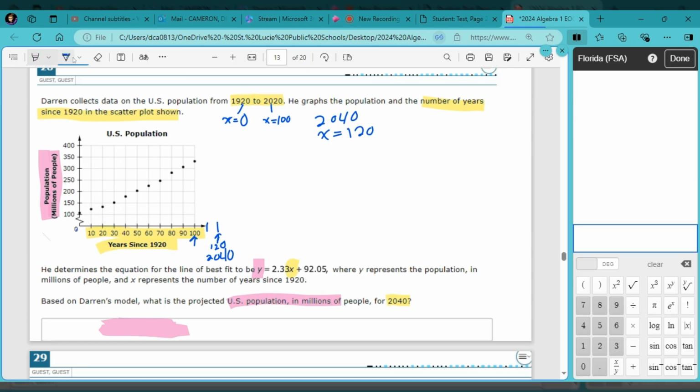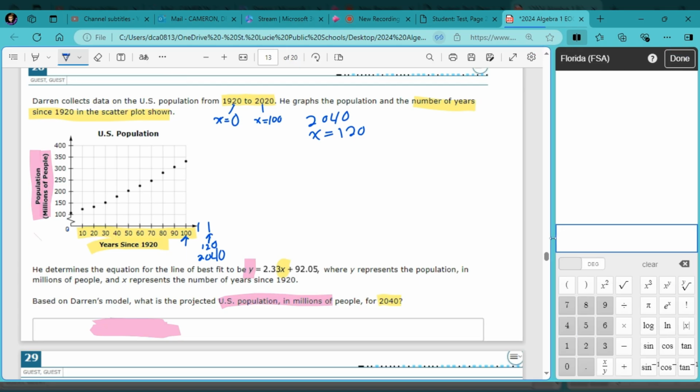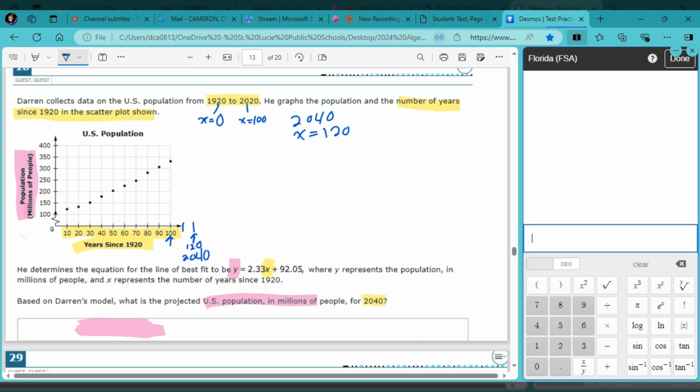And I'm just going to put that right into the calculator. Y equals, I can't put variables and I can't put an equal sign on this scientific calculator. So I'm going to put everything after the equal sign. 2 and 33 hundredths. I'm putting my x in parentheses, plus 92 and 5 hundredths.